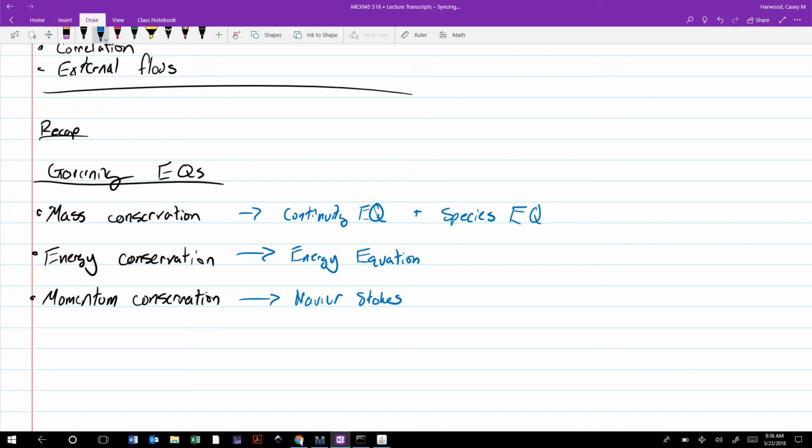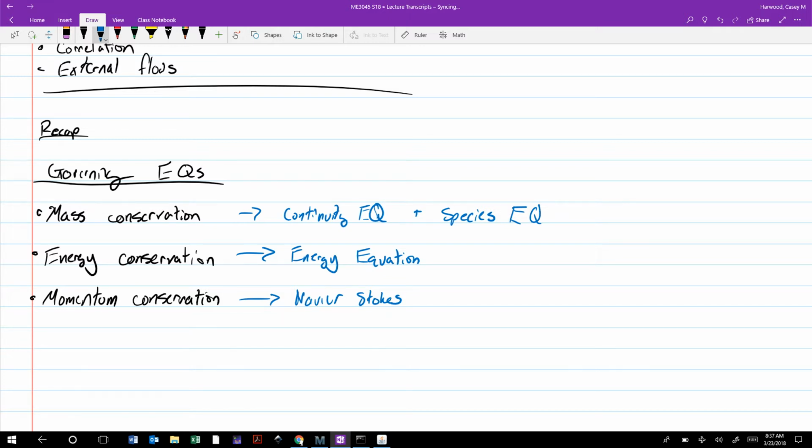With these three sets of equations, we haven't worked directly with the species equation, but I'll conclude with a few words on that. We said that between these three, there are very few problems where we can solve them exactly.